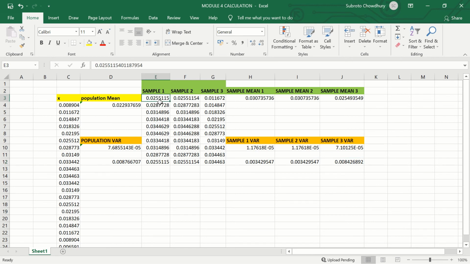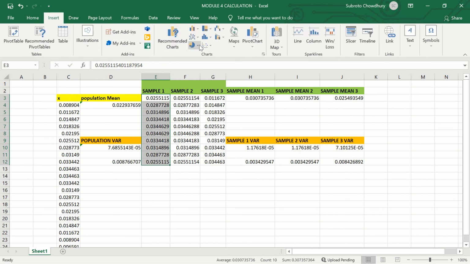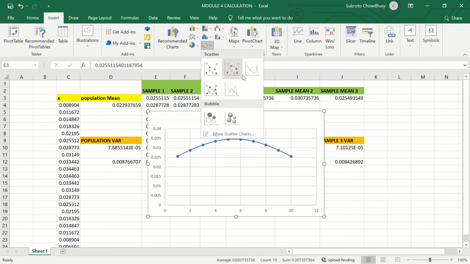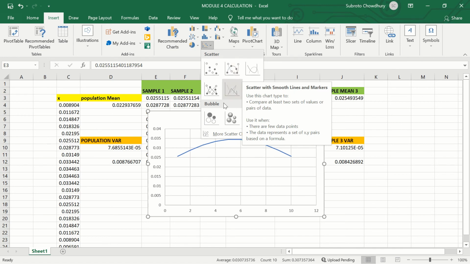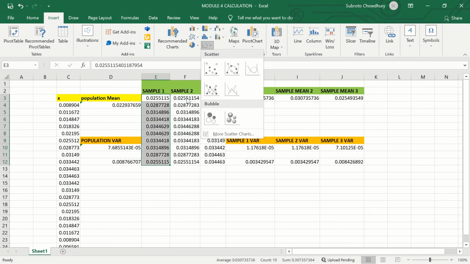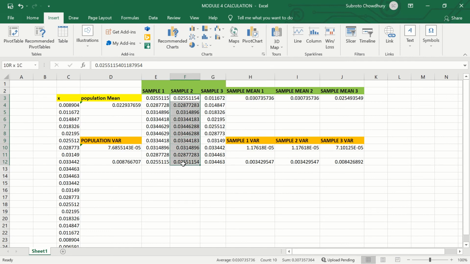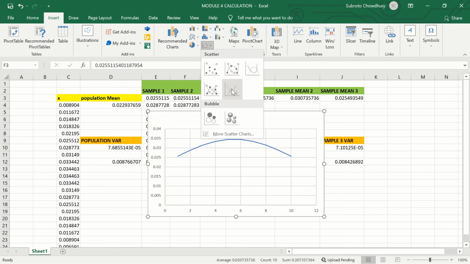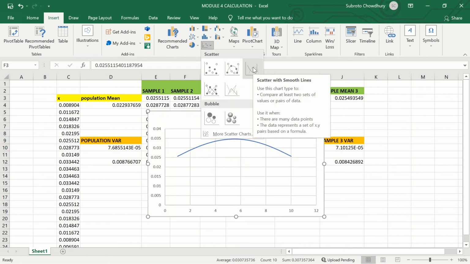But now let us look at the distribution of the sample. This resembles a little bit of a normal distribution, the graph, but not fully. Now let us take the second sample, and this also resembles, but not fully, a kind of normal distribution.